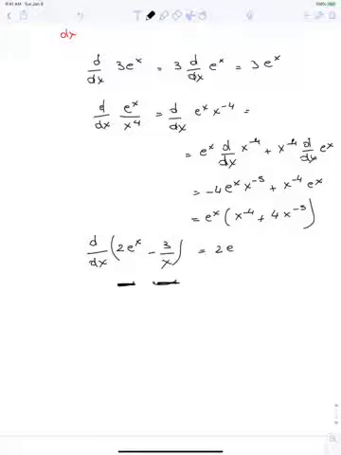It's 2 times e power x, because the constant multiplies the derivative of the function, and the derivative of the function is the function itself. Minus, well, this one here, 1 divided by x is x power minus 1. So the derivative is minus 1 times x power minus 2, so it's going to change the sign. So it's plus 3x power minus 2.